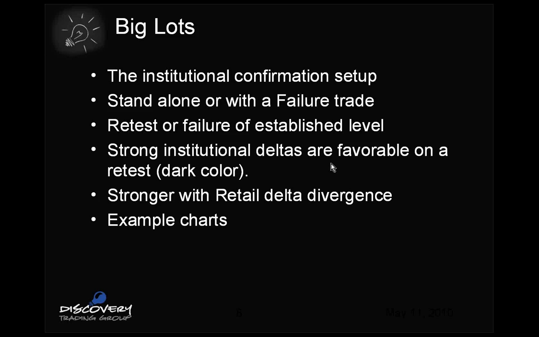Again, we like to trade with the big traders, the institutions, and we kind of have a way to look at that, which is sort of an extension of the little prints. As we said, it's a standalone or with a failure trade, which is the little prints. That's a failure trade. Same story, a retest or a failure of an established level. And in this instance, we're really waiting it out and looking for strong institutional deltas on the retest. Obviously, the color gets really dark.